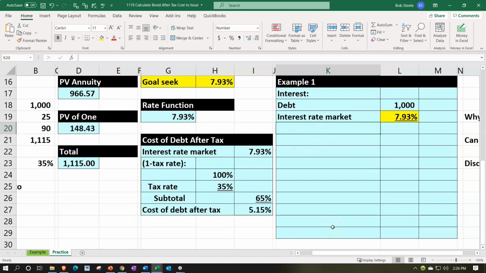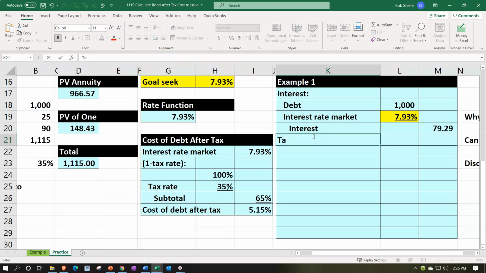That's going to be the interest, equal to the 1,000 times that market rate. Adding a couple decimals, numbers, decimals, and then let's indent these. Go into the alignment, indent this one again, alignment and indent.